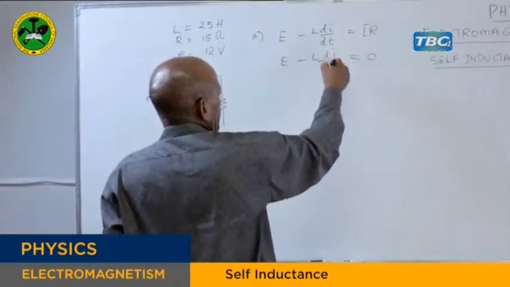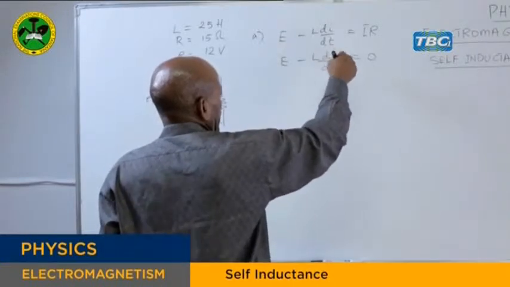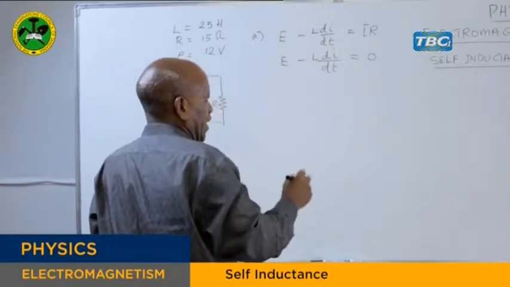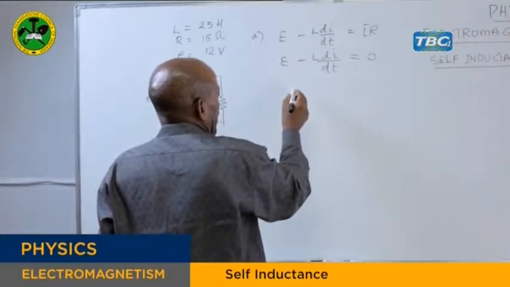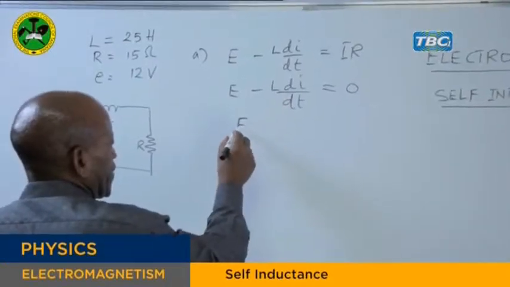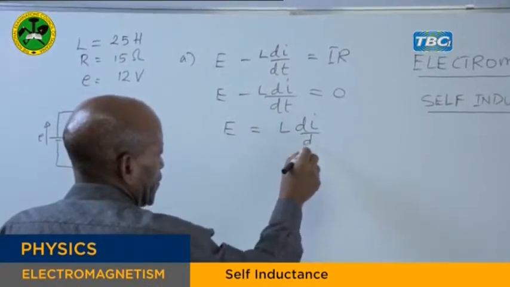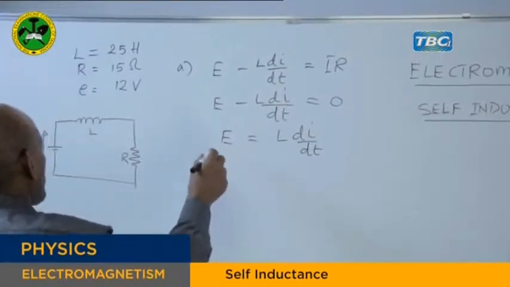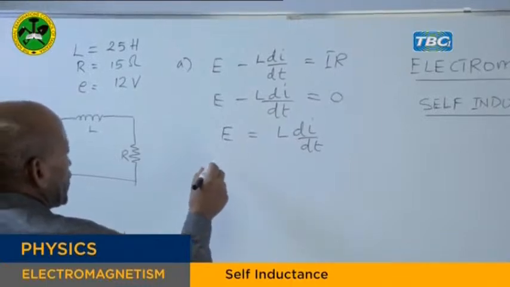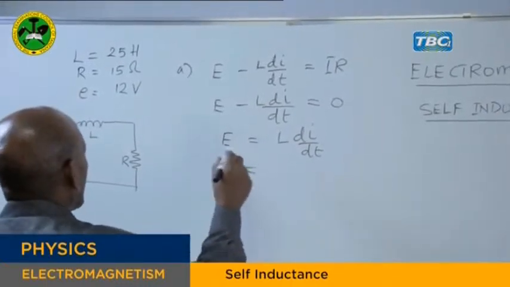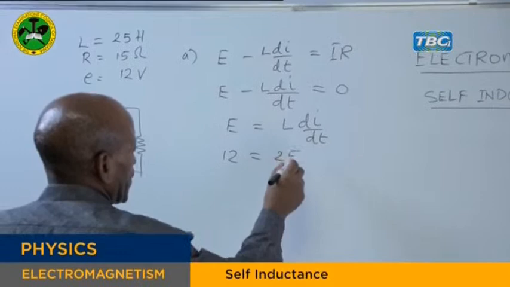Our interest is to define the rate of change of the current. So this will be E equal to L di/dt. We substitute the value for E, which is 12 volt, and L, which is 25 Henry.